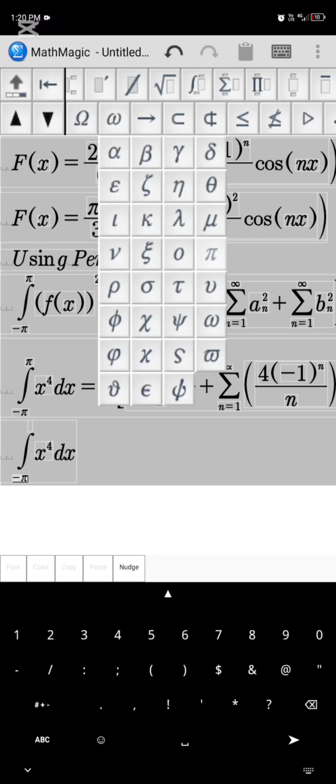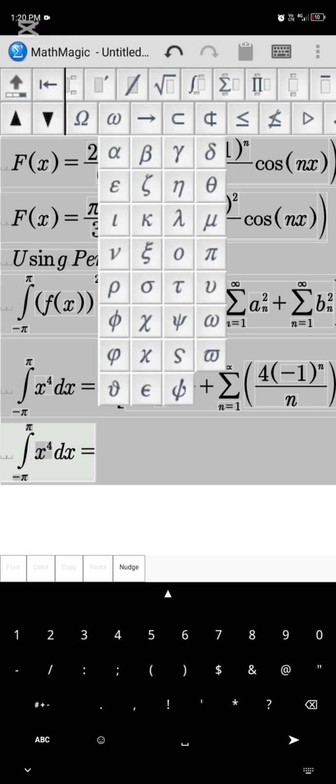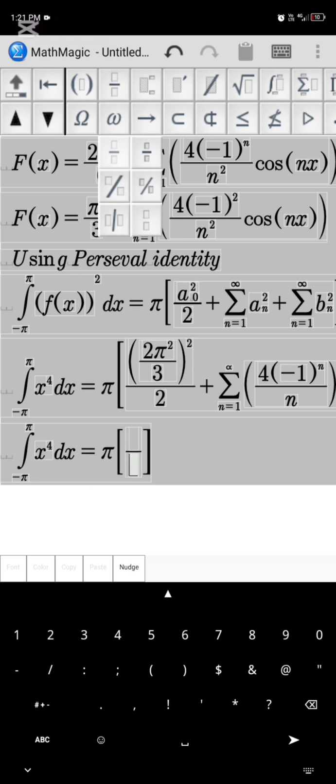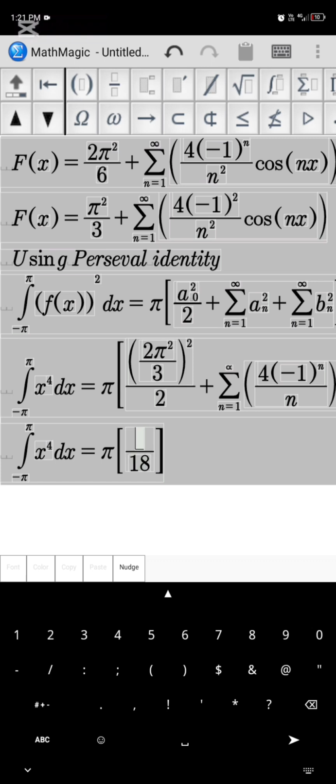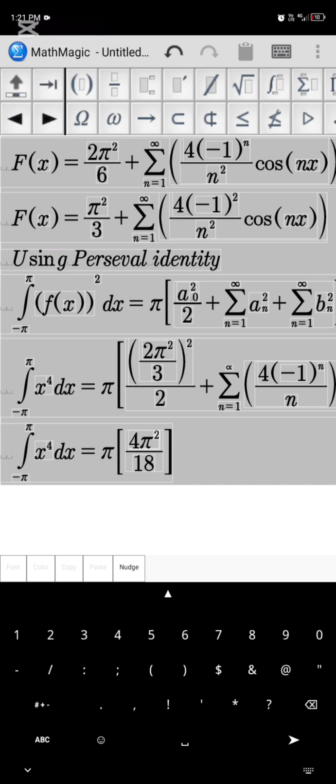Okay, this is just going to give us, if we simplify the right hand side, pi multiplied by 4 pi squared over 18, plus 16 multiplied by the summation of 1 over n raised to the power of 4.